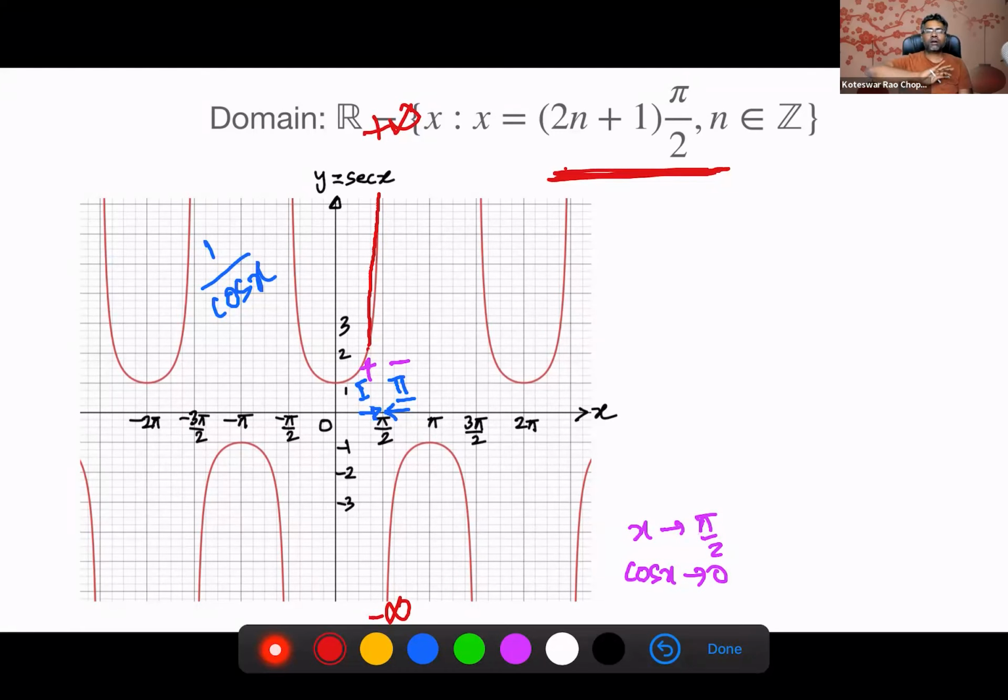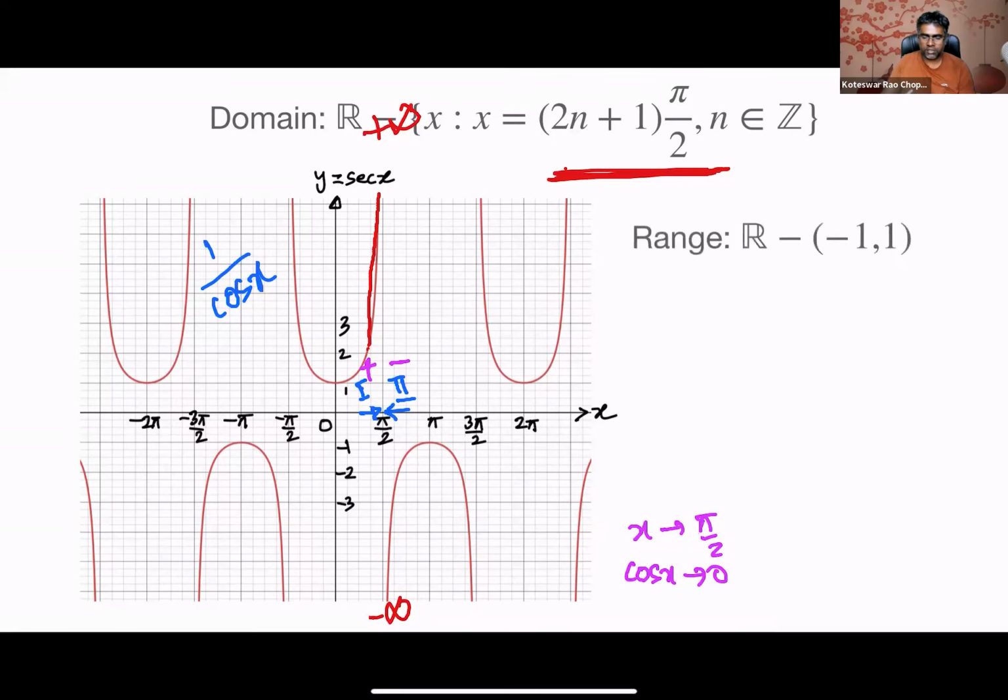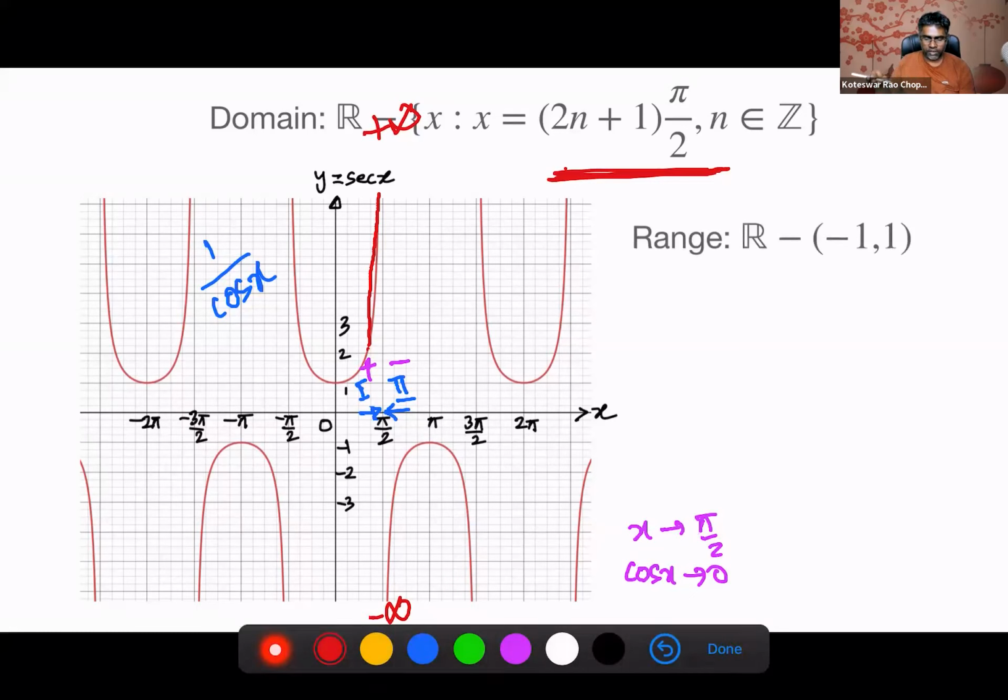Other than that, all values from the real number set are okay for me. And then the range is the same here, like cosecant x. It is going to give us all the real values except values between -1 and 1. So you see this is like a no output zone. You don't get any output from here.